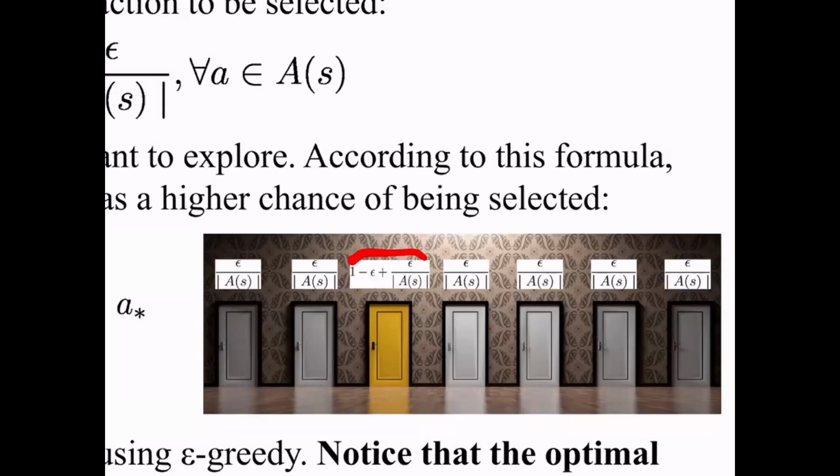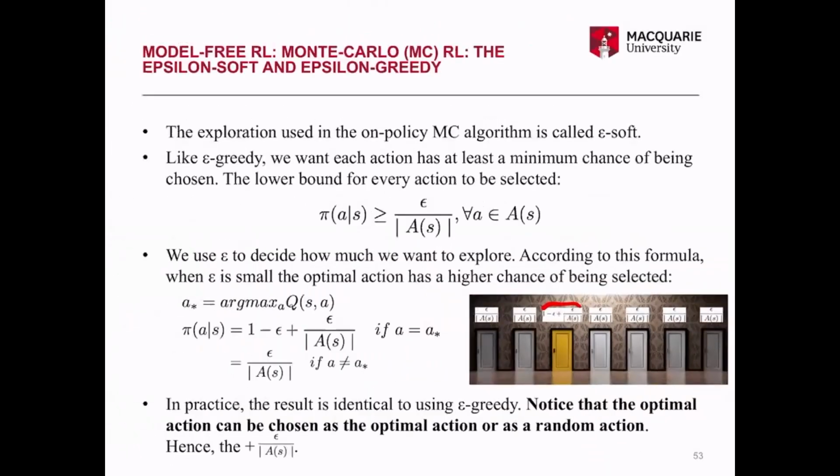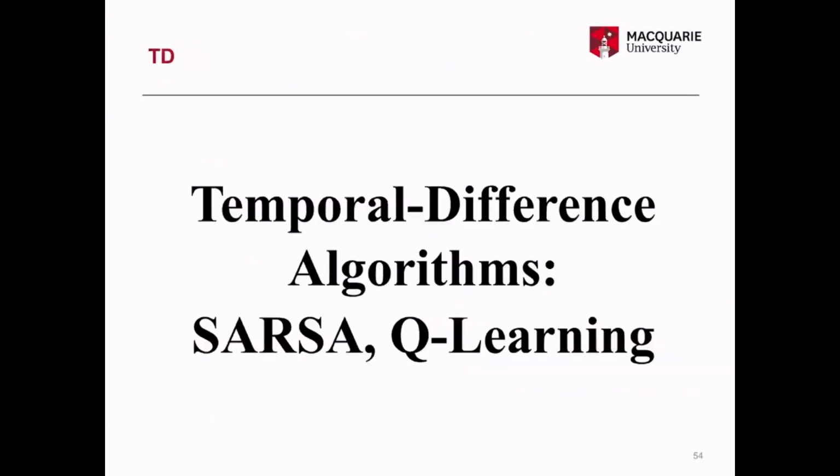And the reason is that the optimal action has an equal chance of being chosen in the random process as well. And this means that if epsilon is small, our policy becomes more and more greedy, right? So again, you don't need to worry about these probabilities. These are all done automatically by epsilon greedy. When you implement epsilon greedy, that's pretty much the probability of each action in that setting.